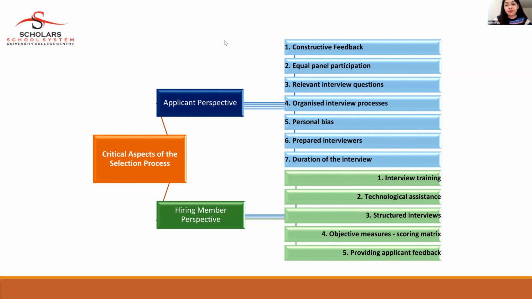So, from the hiring member perspective, the selection process should include that the people who will be conducting the selection and interviewing process need to have proper interview training, have technological understanding, have prepared proper structured interviews, have met objective measures that will be able to measure the interview process effectively, and will be able to provide applicants with adequate feedback.